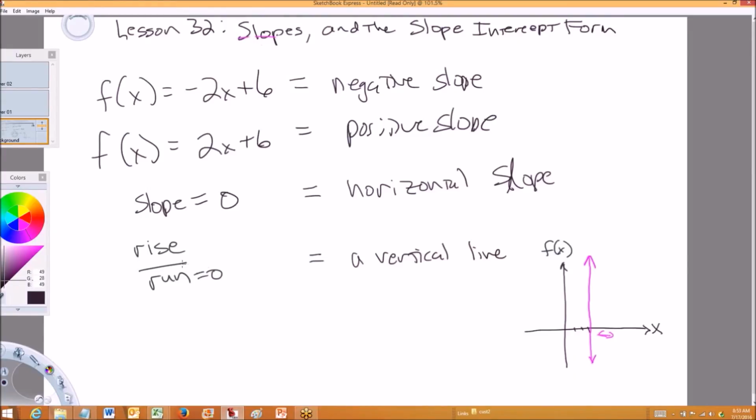Run equals 0, and that means we have a 0 in the denominator, and that is not possible. So a vertical line has an undefined slope. Whereas we had a 0 slope for a horizontal line, a vertical line has an undefined slope.